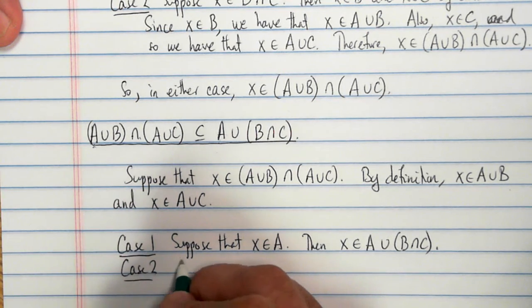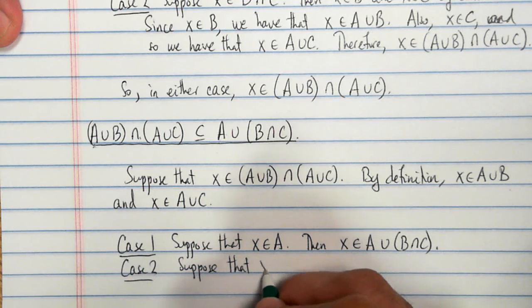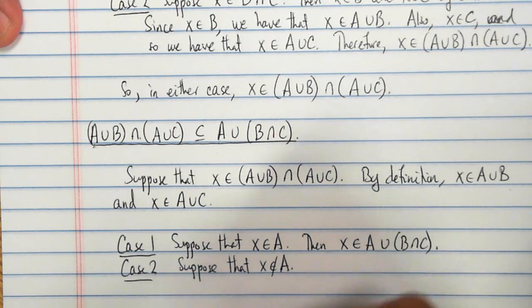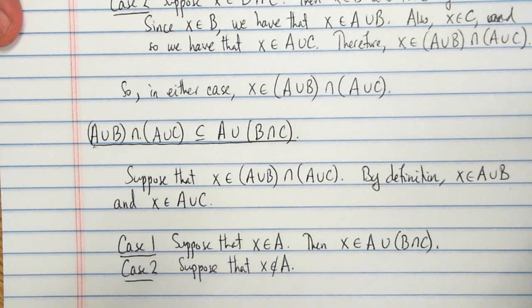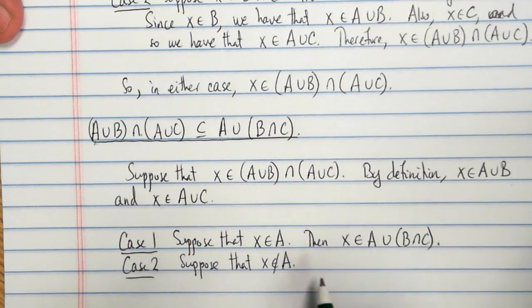Case 2, suppose that X is not an element of A. Okay, so what has to happen here?